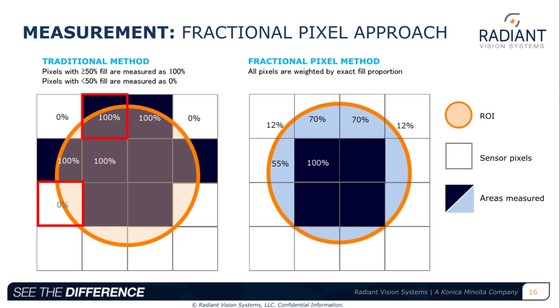The problem is that we risk losing significant data by ignoring the small partial sensor pixels, or capturing too much information by using 100% of the partial pixels. But using a fractional pixel approach, we can be much more precise in our measurement process. If you look at the image on the right, this is what we're trying to do with the fractional pixel approach.